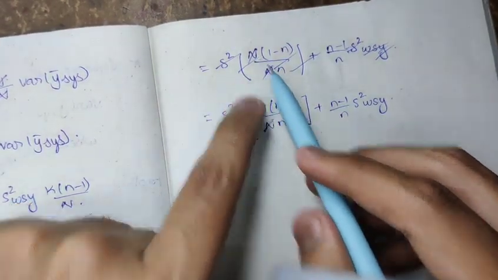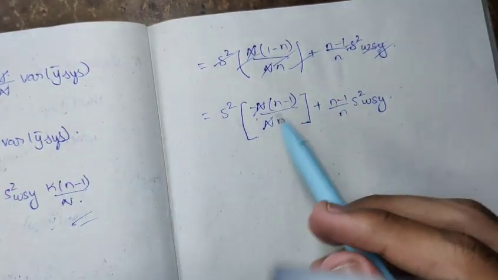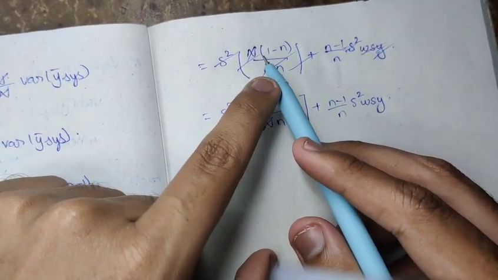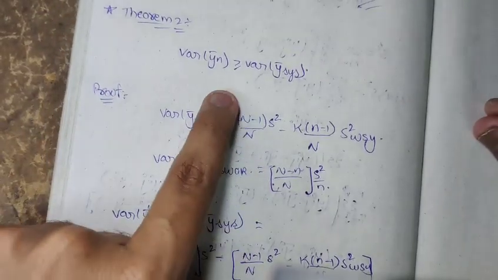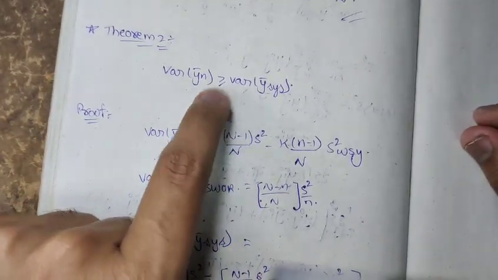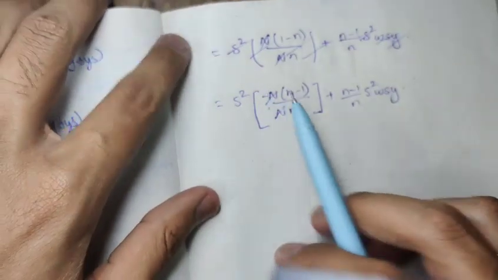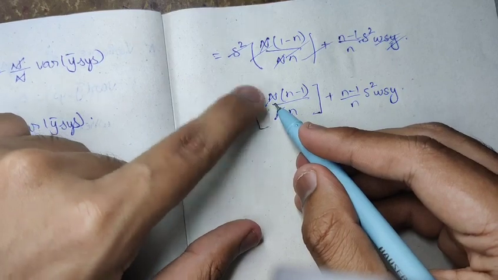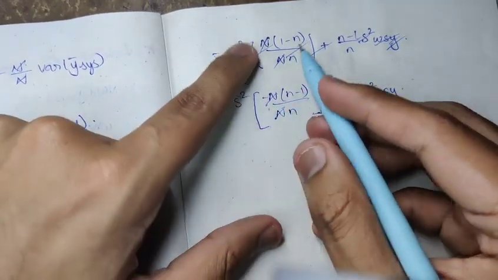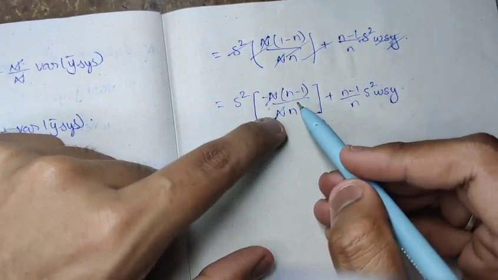I'll tell you why I rectified this mistake. If I were to do this, then we couldn't really prove what they asked us for. That's why I had to change it. That's why we have to take minus capital N as the common term, not simply capital N, and we can't write it like this.